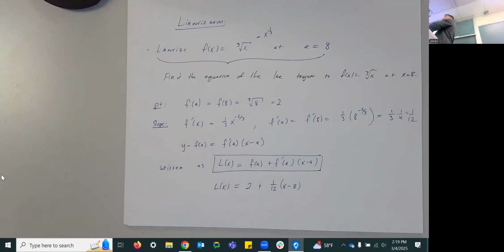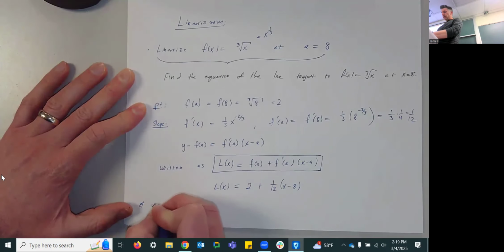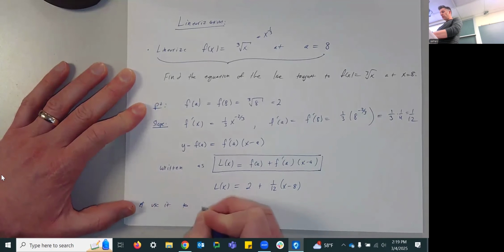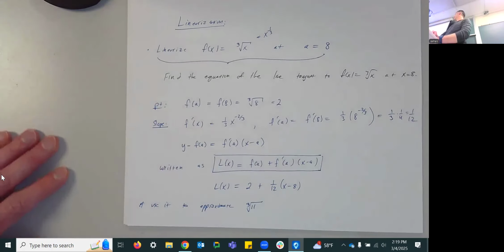Here's why. Usually this question comes along with something like, and use it to approximate the cube root of 10. Sure, let's do the cube root of 11 just to make the numbers easier.